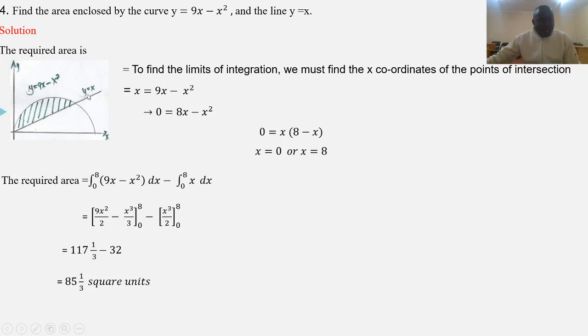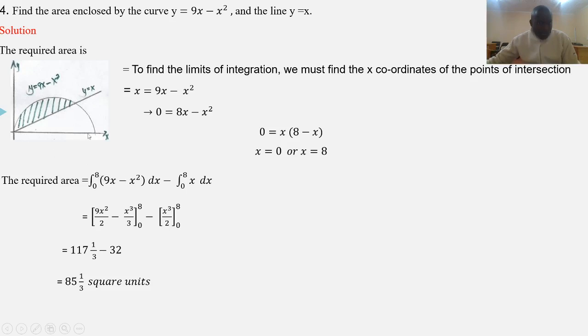So I need to integrate to get the value of the shaded part. For me to get the area of the shaded part, I integrate the curve with respect to limits 8 and 0. Then I minus the line, integrating the line again with limits 8 and 0.